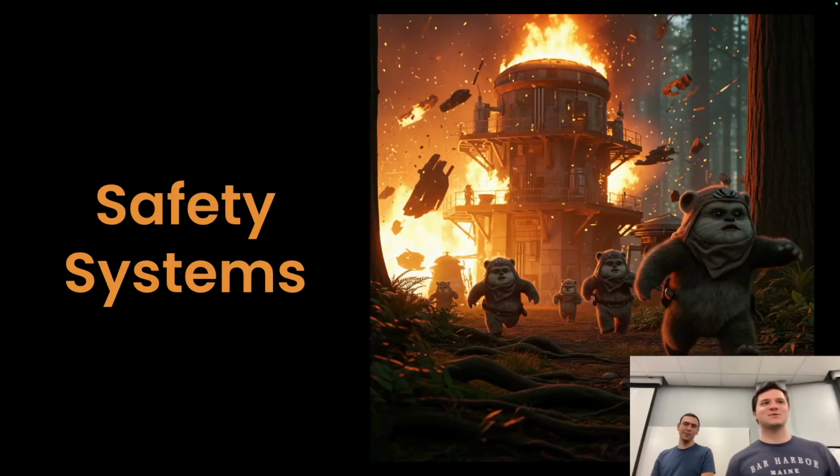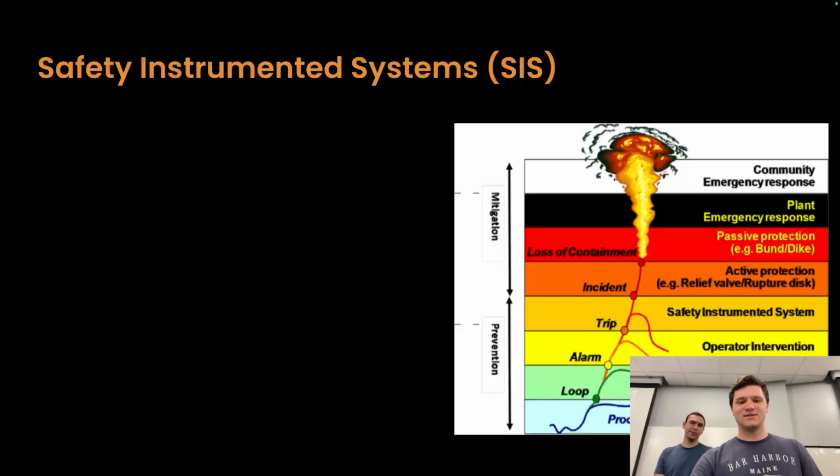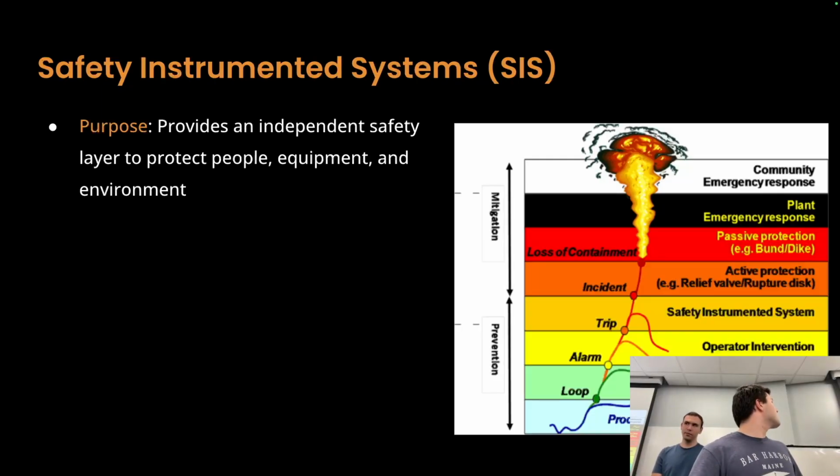So going into the actual safety systems, there's this thing called the safety instrumented system. It gives you that independent safety layer. Let's say your process goes haywire and you have physical damage that's about to happen if everything just goes crazy. Your SIS is kind of that safety net that tries to control the problem.